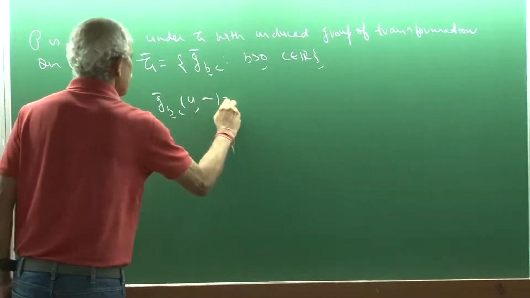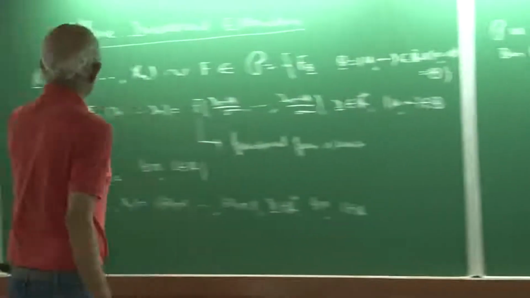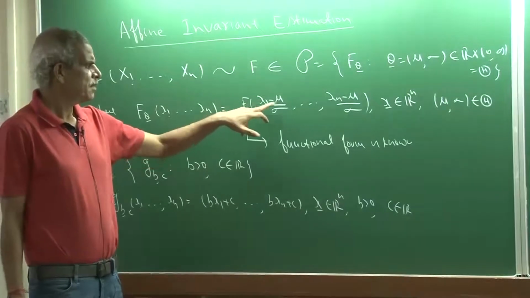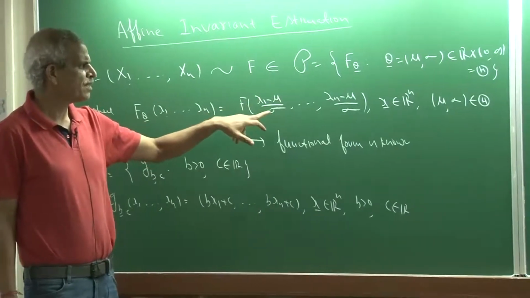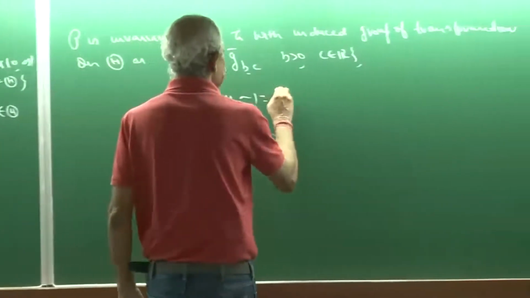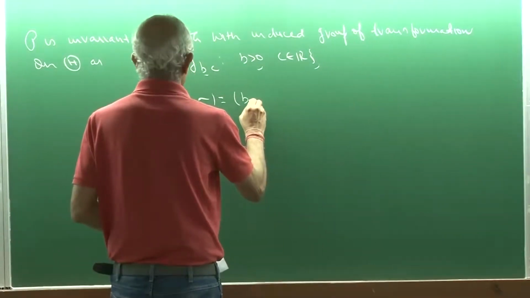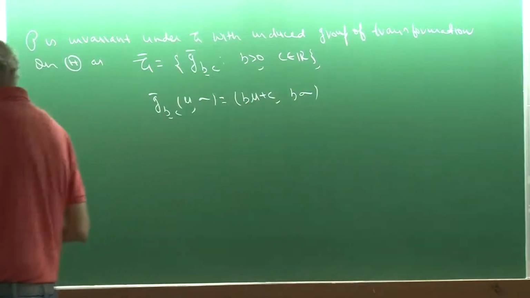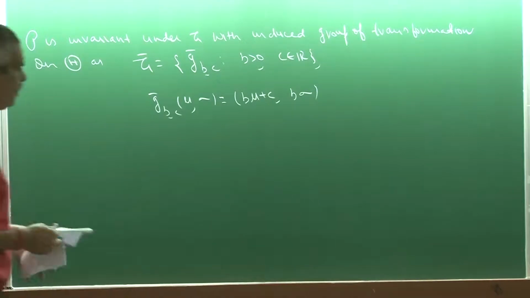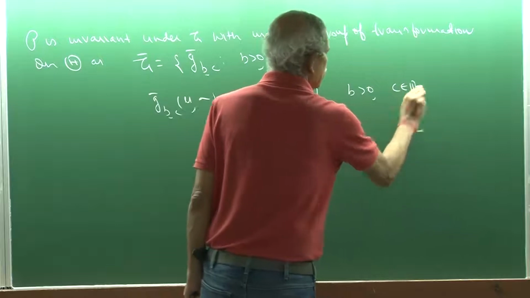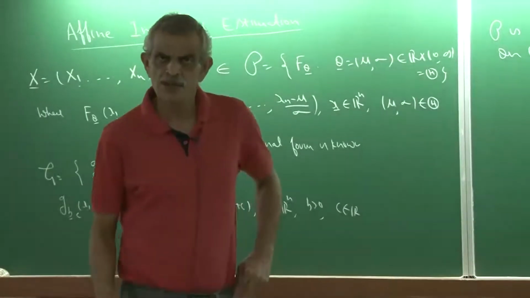We have seen that if you apply bx1 plus c, ..., bxn plus c, I get a distribution function where mu gets replaced by b mu plus c and sigma gets replaced by b sigma. So this becomes (b mu plus c, b sigma), where b is positive, c belonging to R.